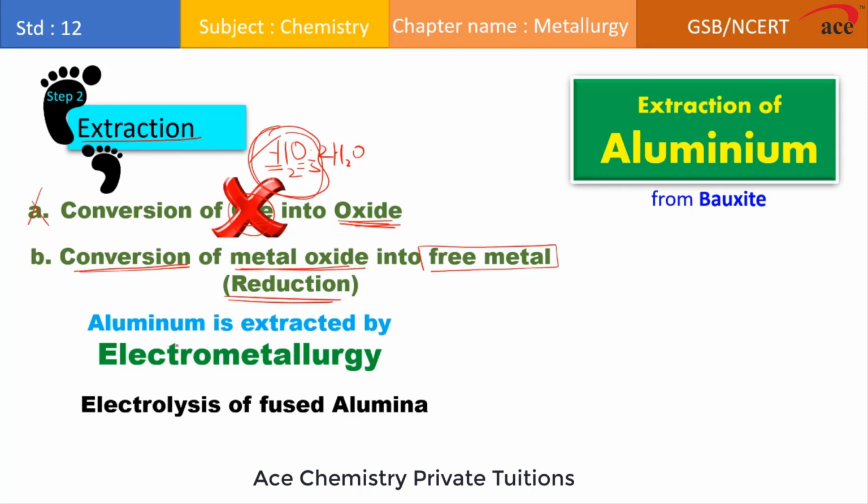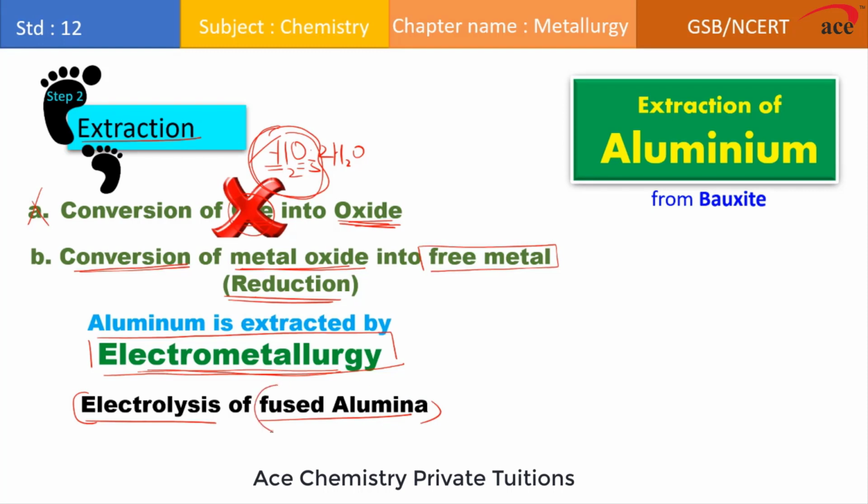For aluminium extraction, the type of reduction used is electrometallurgy. Students, we know that electrometallurgy is applied for highly reactive metals, metals which form stable oxides. So electrometallurgy, the method of reduction of bauxite, involves electrolysis of fused alumina.